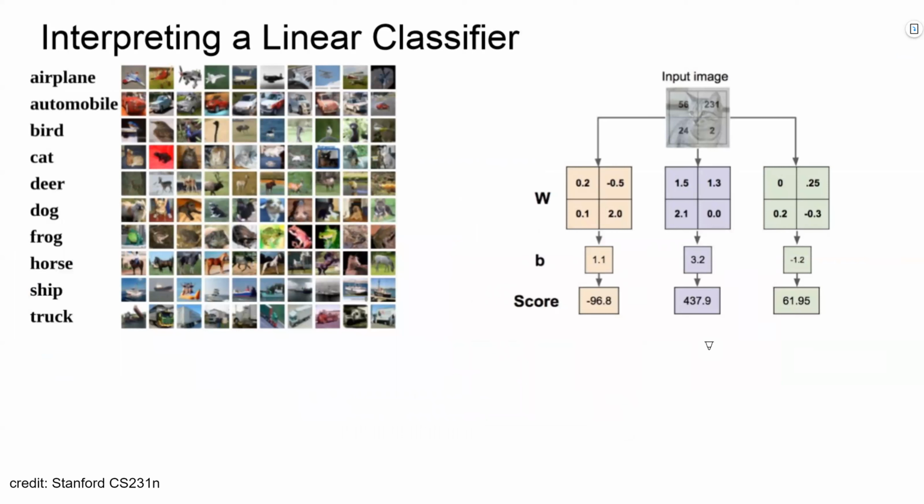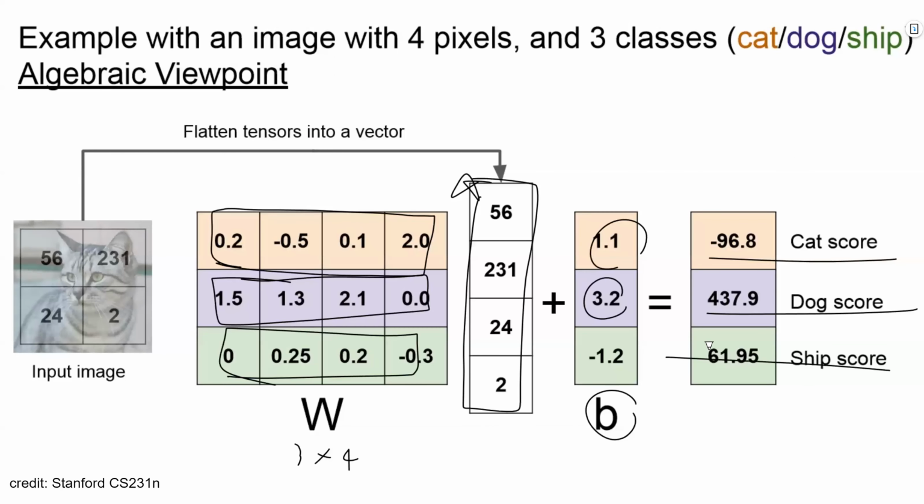To interpret what we are doing at the moment, let's unflatten what we did. We flatten tensors into a vector like this, so the 2D input image became a 1D vector.